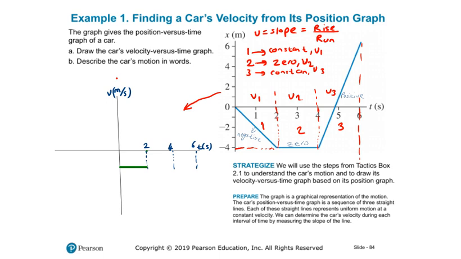So I am expecting a negative velocity, constant, then 0 velocity, and a positive velocity.